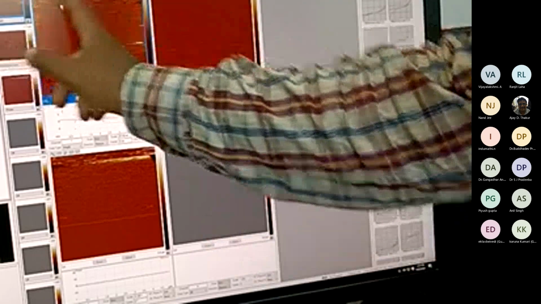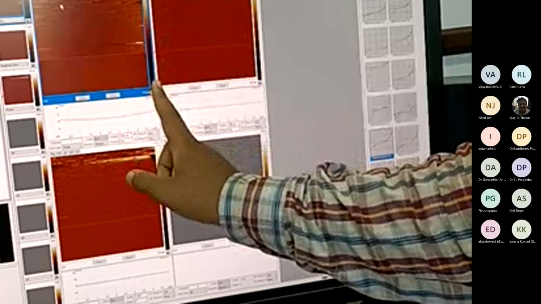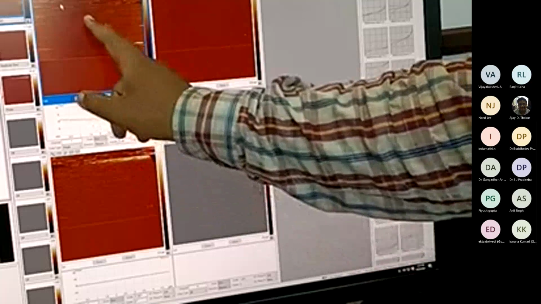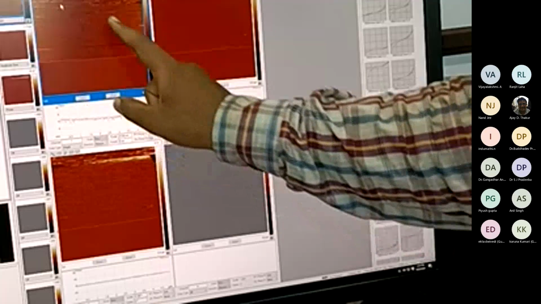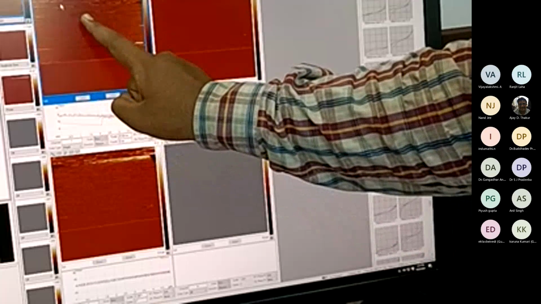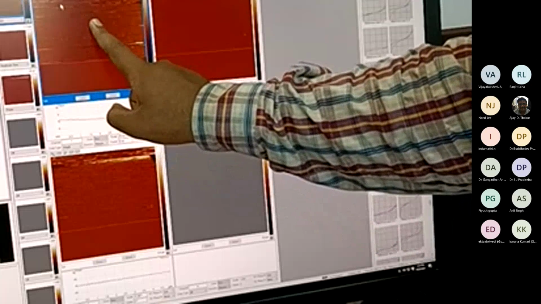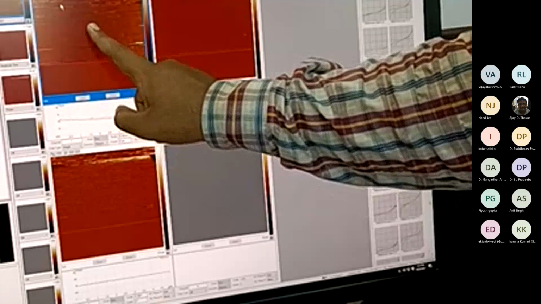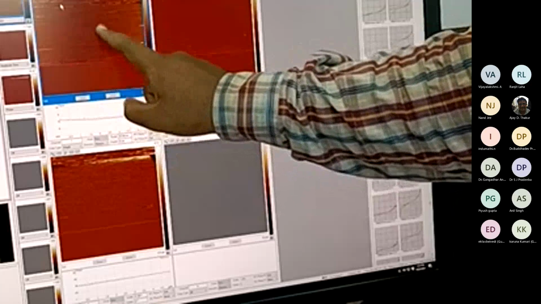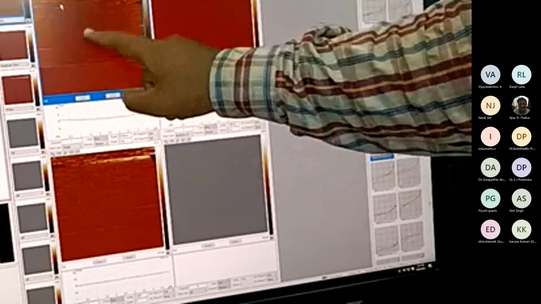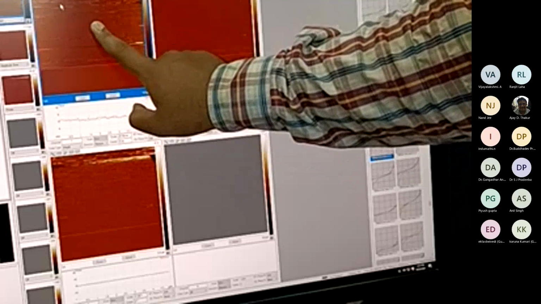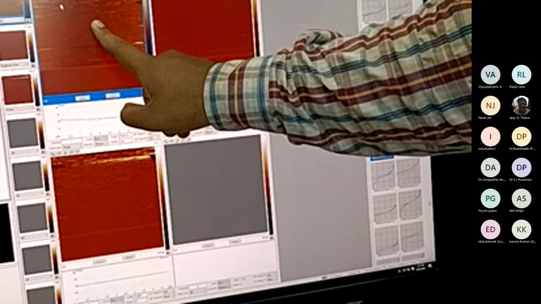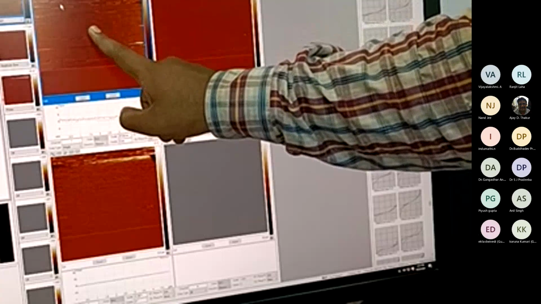CAFM means we can take the current mapping, and current spectroscopy means suppose we found one dot here, and we place our cantilever here, and after pressing we want to get an IV. It means conductivity or something. So in that case, we put the cantilever here and we take the IV. That is called current-voltage spectroscopy. We can do that here also.